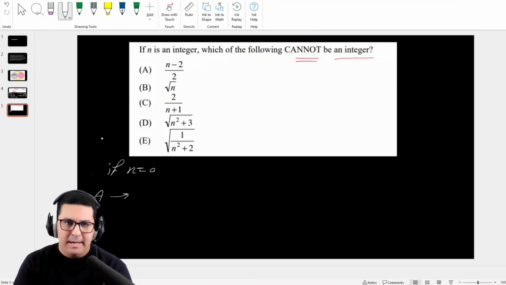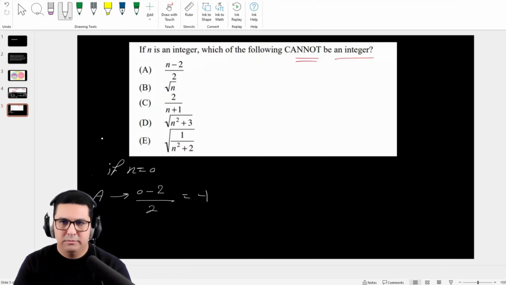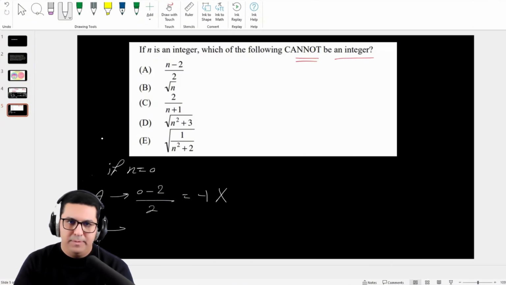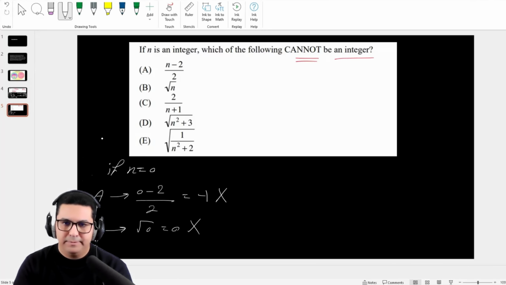For A, as you see, it is 0 minus 2 over 2, it is minus 1, so it is an integer. But we are looking for not an integer, so it can't be an answer.